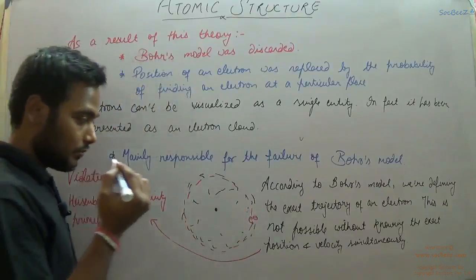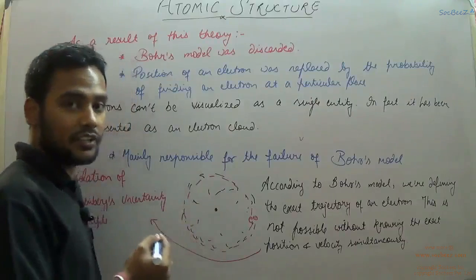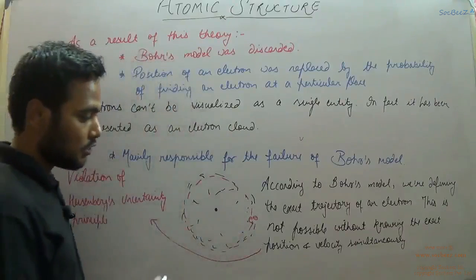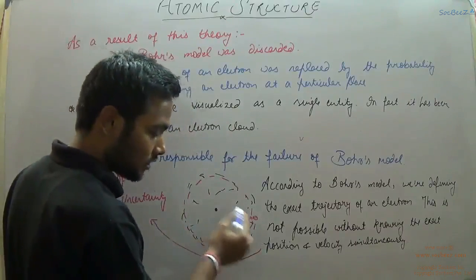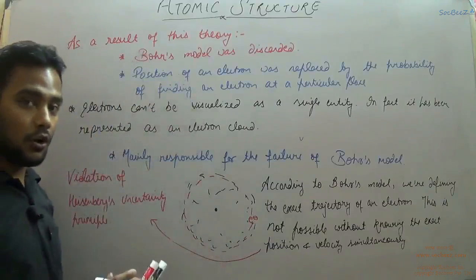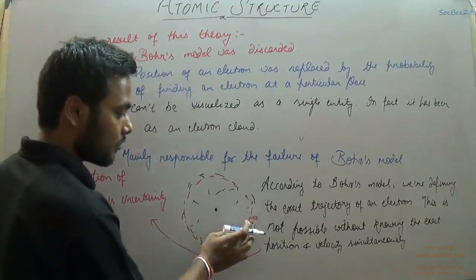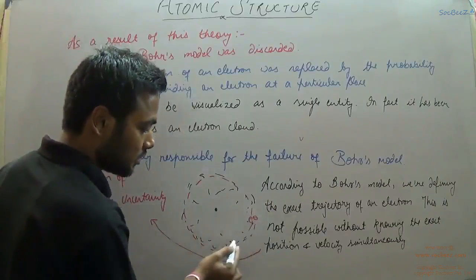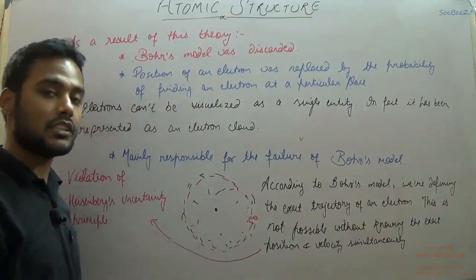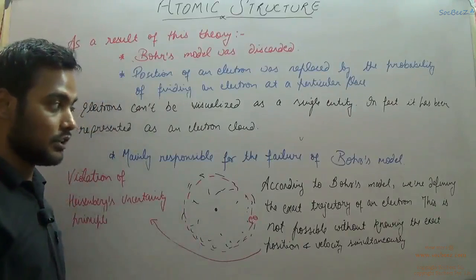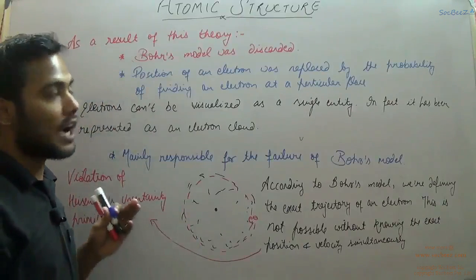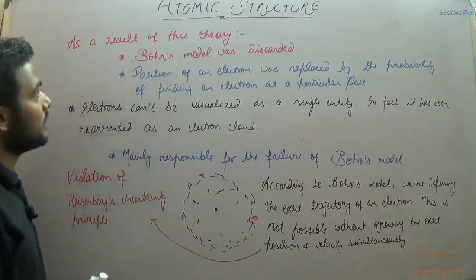If you find the location of an electron at an instant and you find it to be here, and after some time you find a location of the electron at another instant and you find it here, then you cannot know how this electron came from this position to this position. If you could say that, then it means that you know the exact trajectory of the electron's motion, but that is not possible according to Heisenberg's uncertainty principle.